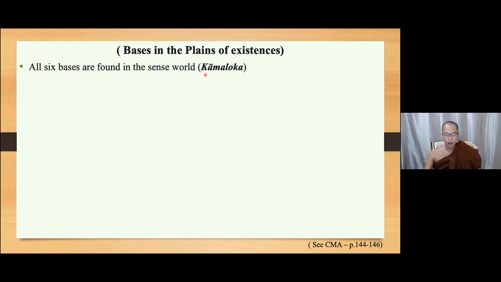So in the Kama Loka, the sense world, all 6 bases can be found. Sometimes, if it is possible, some people are born blind or born deaf.